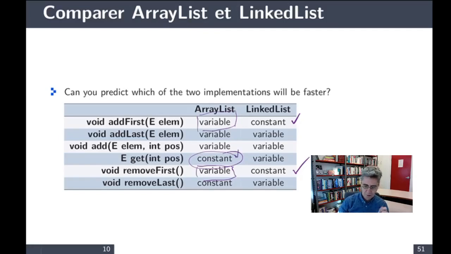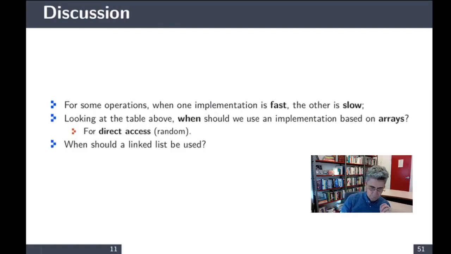However, for the method get for a linked implementation, this will be slow. Based on this discussion, it should be clear that the linked implementation is useful when we're accessing the start of the list, and the array-based implementation is useful when we're having a lot of read access to intermediate positions of the list.